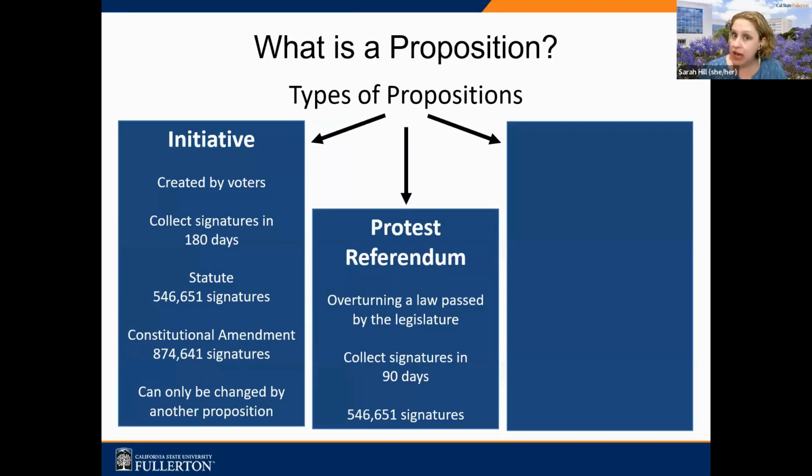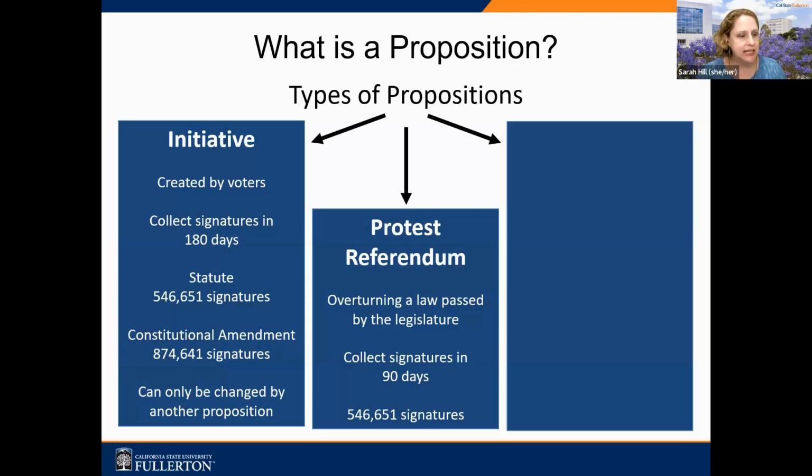And if you can do that, then it forces a vote on the bill. It normally wouldn't have gone to a vote of the people, but you can force a vote on it, and we get to say yes or no. Now, this time, we actually don't have a protest referendum. We don't get a lot of these because the 90 days is a really tight time frame, but we've had them in the past. We had the plastic bag ban on the ballot a few years ago. That's an example of a protest referendum.